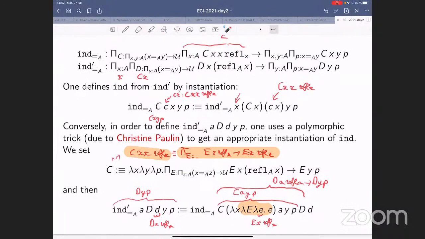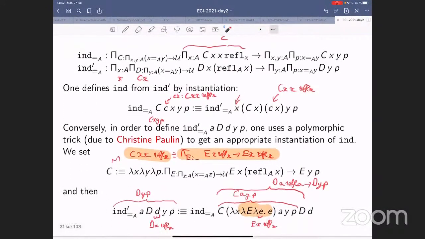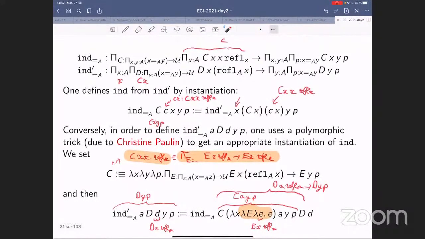And then, when you have done this, you are here in this expression. You remember you have your induction principle, you have applied it to some C, and then to some miraculous function, which is this lambda x capital E lambda identity, which lives here.